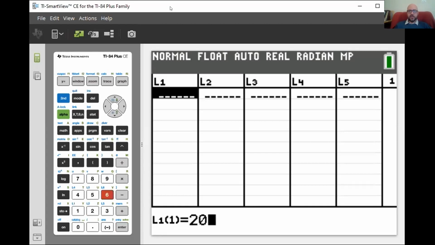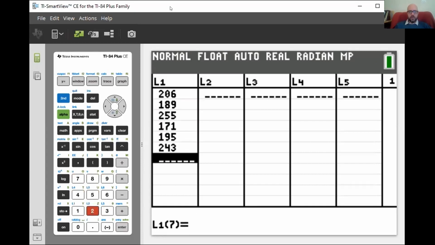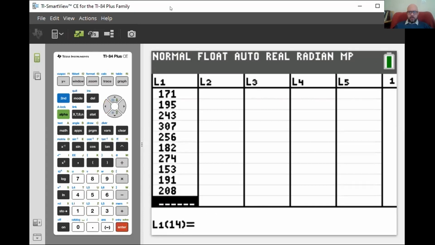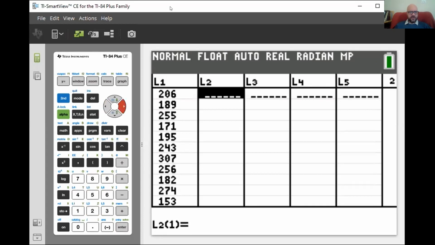So 206, 195, 243, 307, 256, 182, 274, 153, 191, 208. All right. I'll go check to see if I've typed them all in. I've probably got a typo somewhere. I usually do.